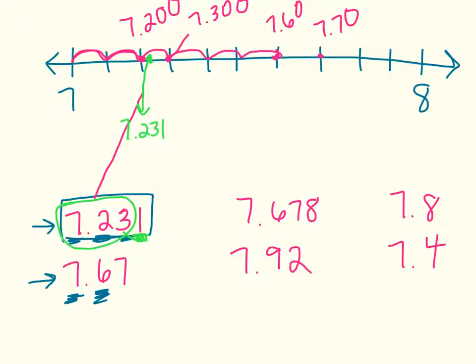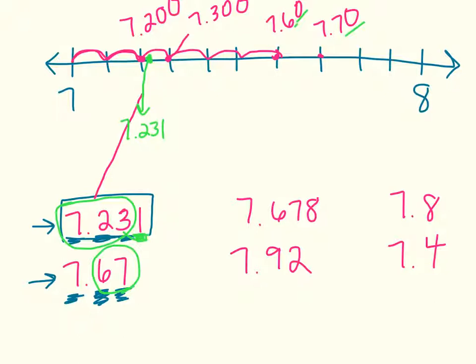Once I've gone over my 6/10, now I can look at my hundredths place. So what I'm asking myself right now is, is 67 hundredths going to be closer to 60 or closer to 70? And I know because of rounding, it should be a little bit closer to the 70.